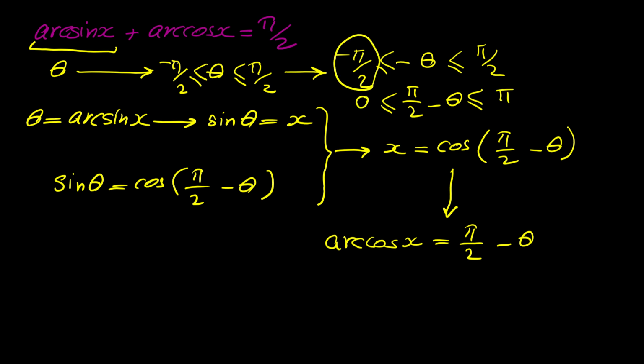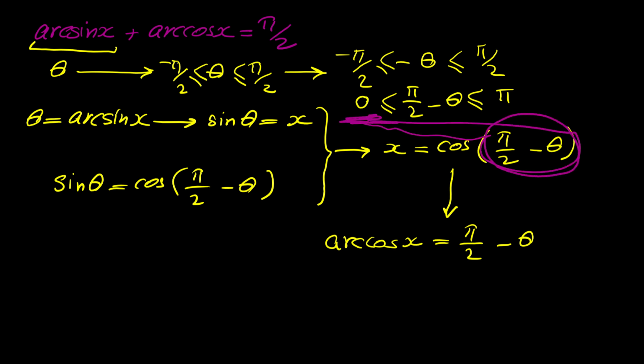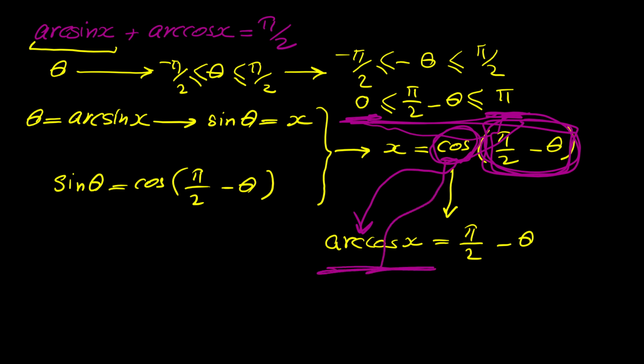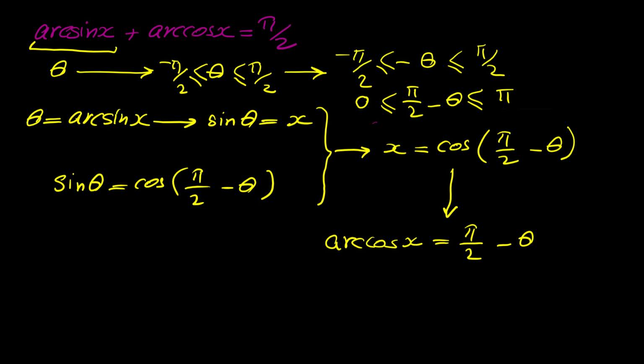By adding pi over 2 to negative pi over 2, we get 0. By adding pi over 2 to pi over 2, we have pi. Now please pay attention: the angle that we have here is between 0 and pi. And when an angle is between 0 and pi, then we can eliminate cosine and write arccosine on the other side, because arccosine of x is the inverse of cosine whenever the angle is between 0 and pi. So this relation here is now right.